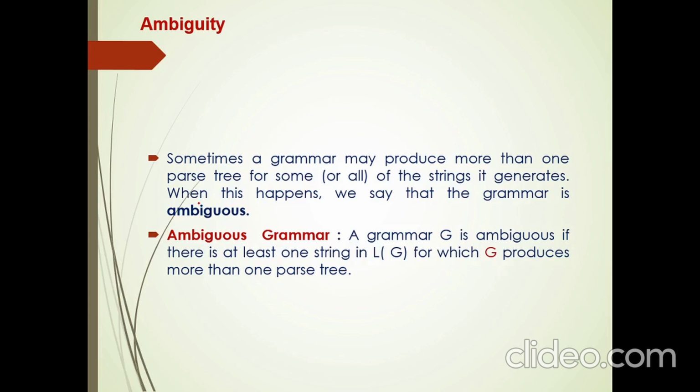Another definition: a grammar G is ambiguous if there is at least one string in the language for which G produces more than one parse tree. More than one parse tree means more than one leftmost derivation or more than one rightmost derivation for the same input.